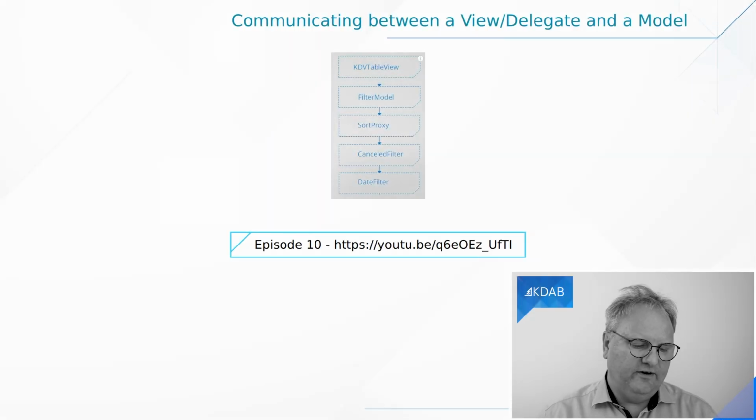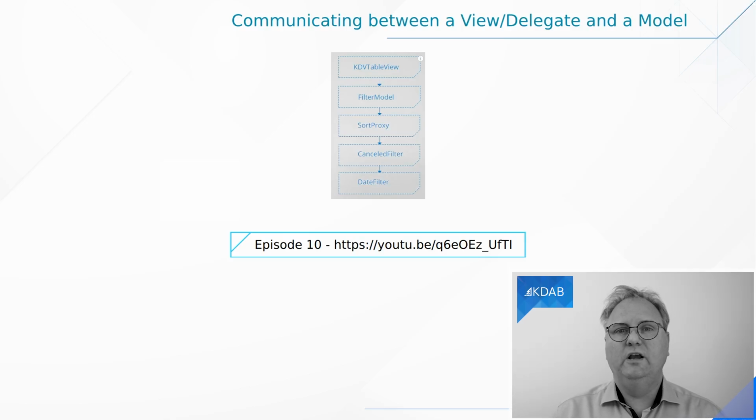The first episode here from Qt Widgets and more, episode 10, is communicating between view and delegates on one side and the model on the other side. This isn't really all that new to you. If you have been following closely, you have seen how I, in the delegates section, was able to ask the model some questions that were not visible in the view.